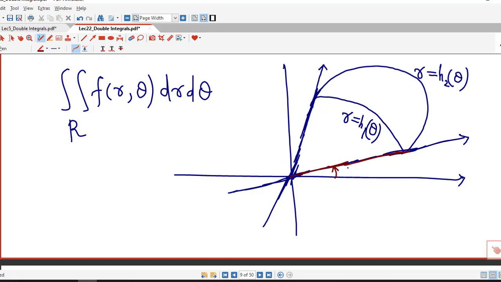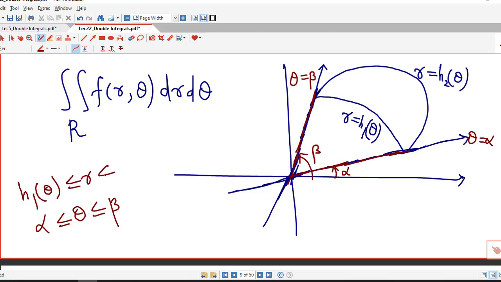Suppose theta is alpha here, so this is the line theta equal to alpha. And suppose the angle made by this vector with the positive x-axis is beta, then this line is theta equal to beta. So theta is in between the lines theta equal to alpha and theta equal to beta, and r is from h1 theta to h2 theta.